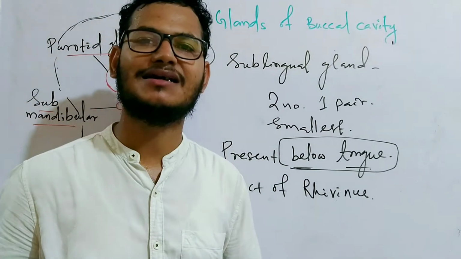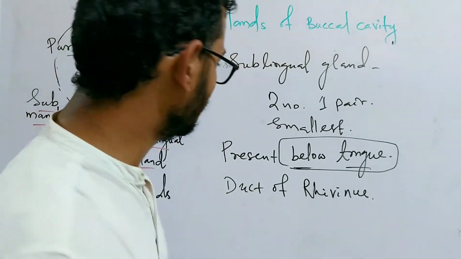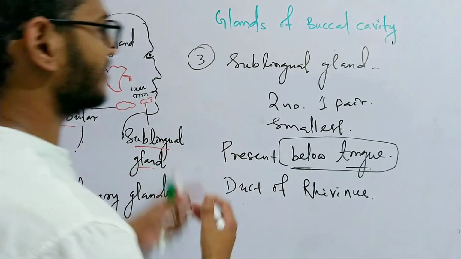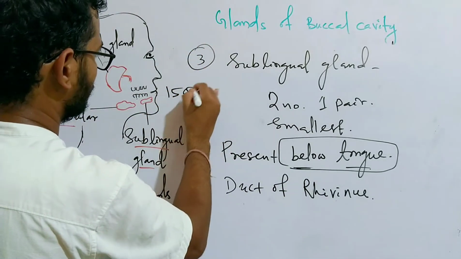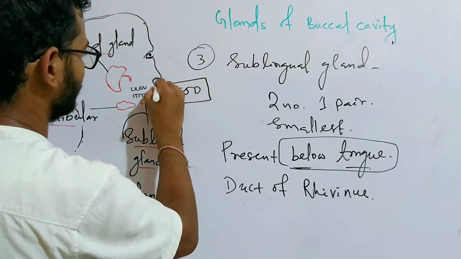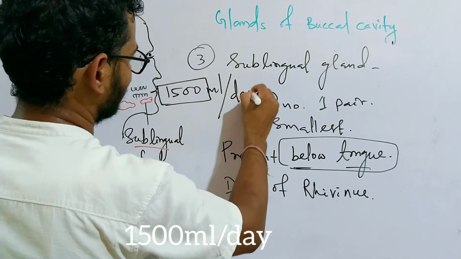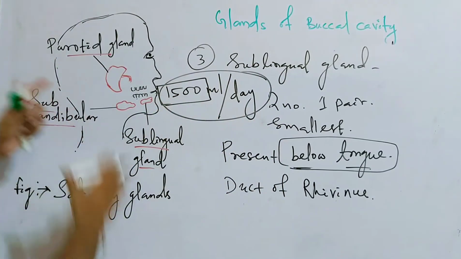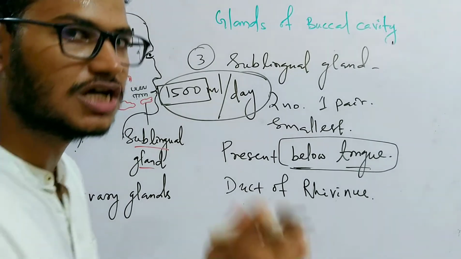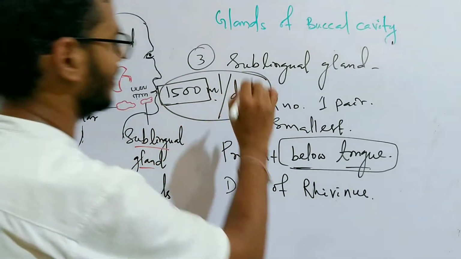So the salivary glands, remember this point, all these three salivary glands secrete 1500 ml of saliva per day. So the total amount of saliva secreted by the different salivary glands into our buccal cavity is 1500 ml per day.